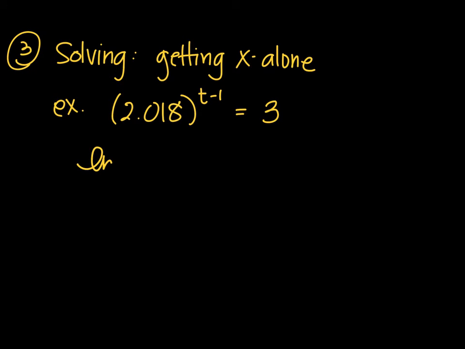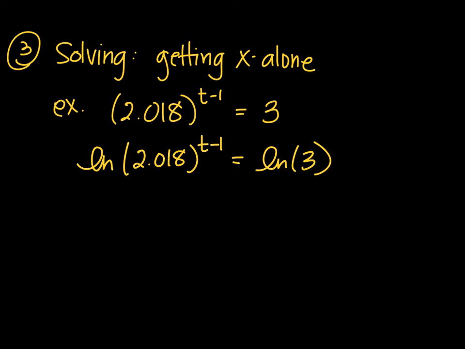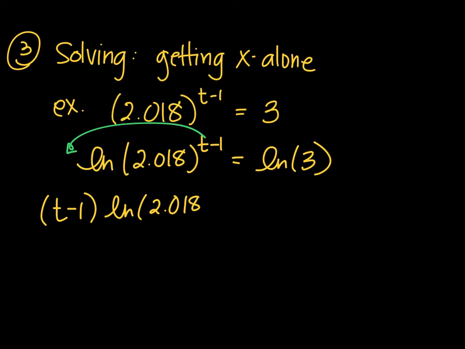So I'm going to use the natural log in front of 2.018 to the t minus 1. And then I'll use the natural log in front of 3. And when I use a natural log, it allows me to pull the power of t minus 1 to the front. And so I will have t minus 1 as a power in front of the natural log of 2.018, and then the natural log of 3.